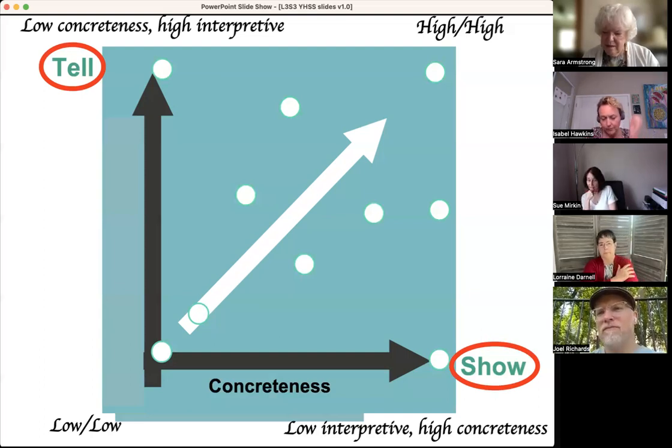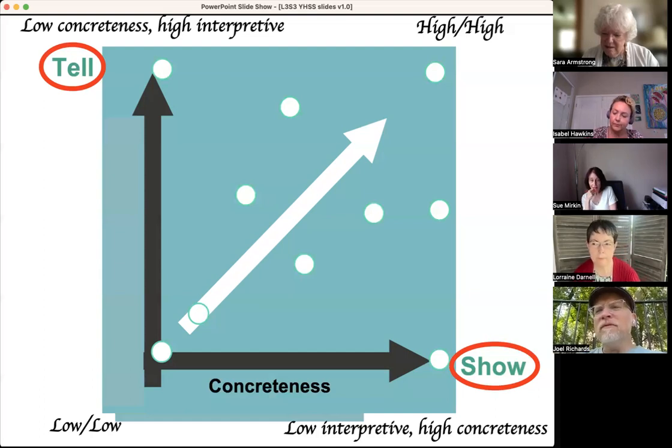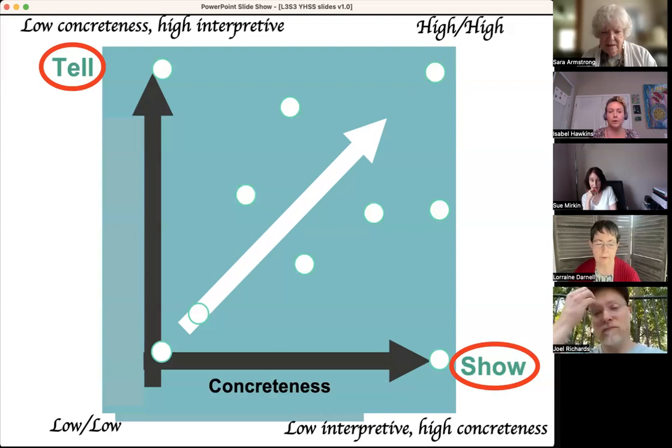Then if you intersected that with another line, a level of concreteness, wherever those crossed would be a point on all this.